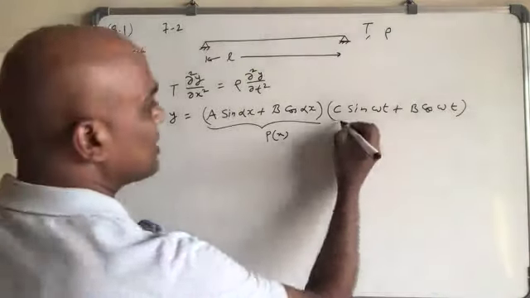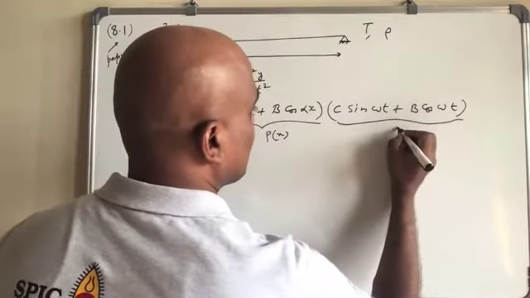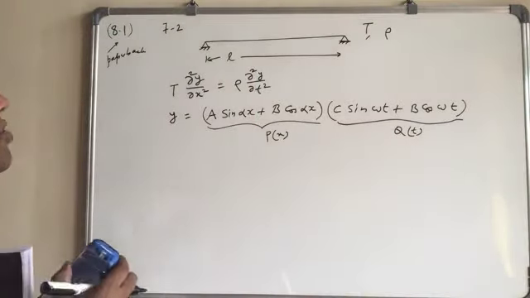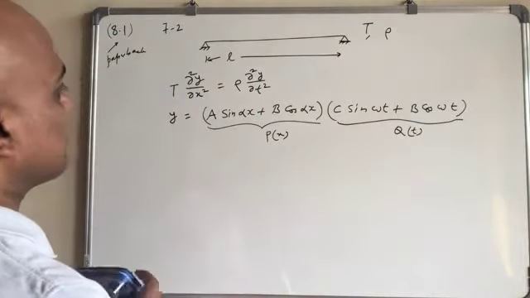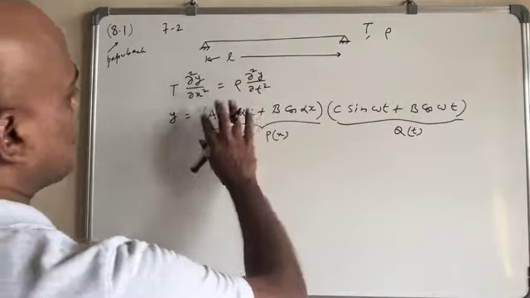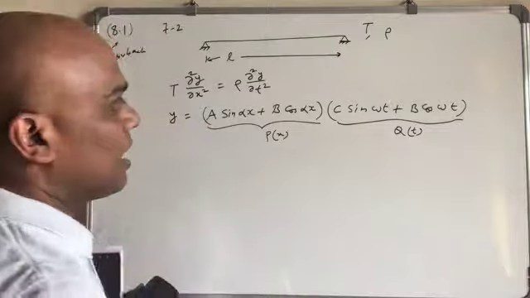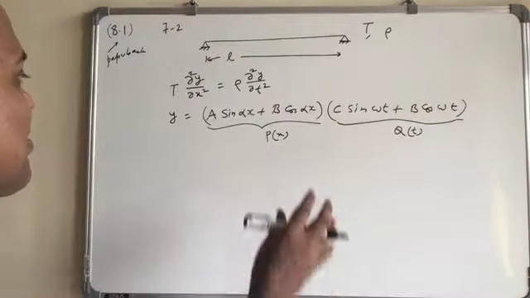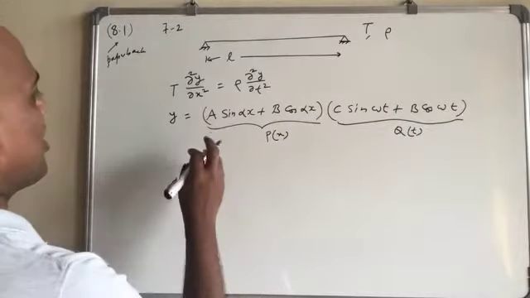Right? So this we call q of t. Now this is a general expression. From there we have to find out how omega relates, and from this solution we also got a condition.